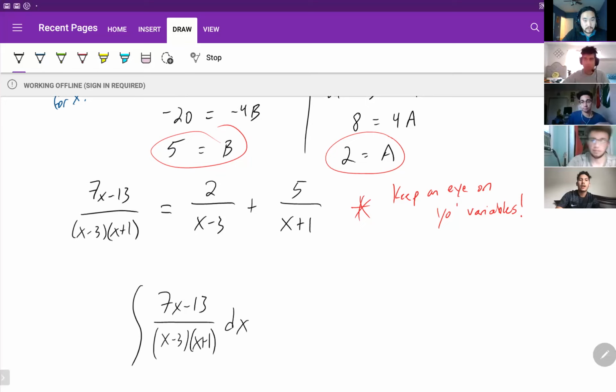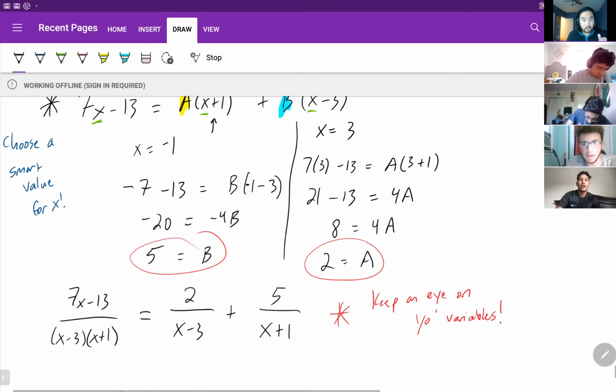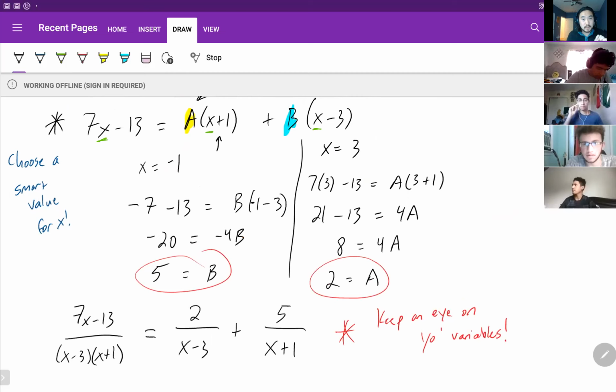Anyone have any questions so far? No? Yeah, John, is there more than one answer to the problem? Like you picked a certain X value to work for you. Oh, I see what you're saying. On this step where you choose a smart value of X, it should not matter what value of X you choose.